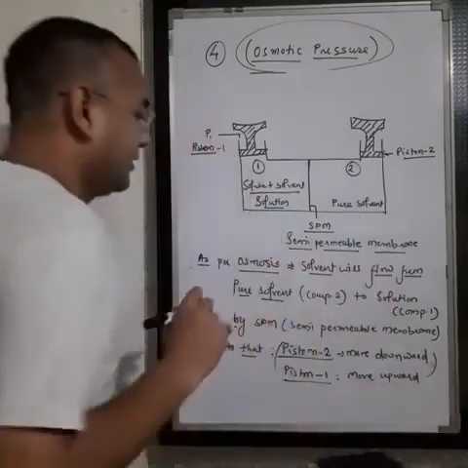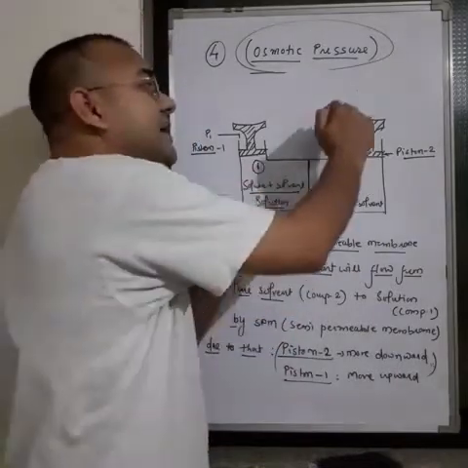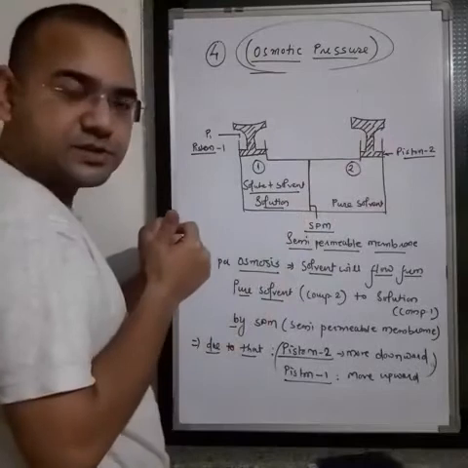Got it? In this manner, pressure is applied by piston 2 in the downward direction and by piston 1 in the upward direction.